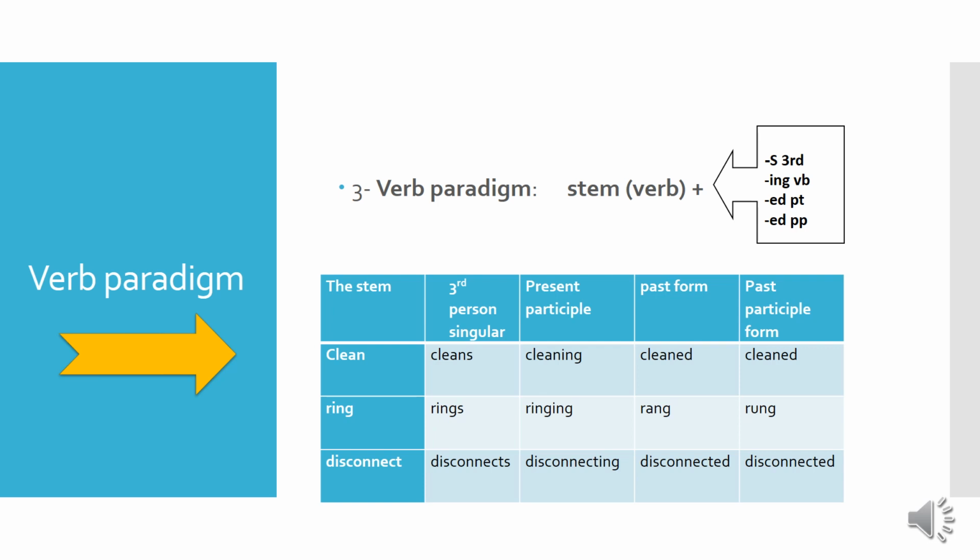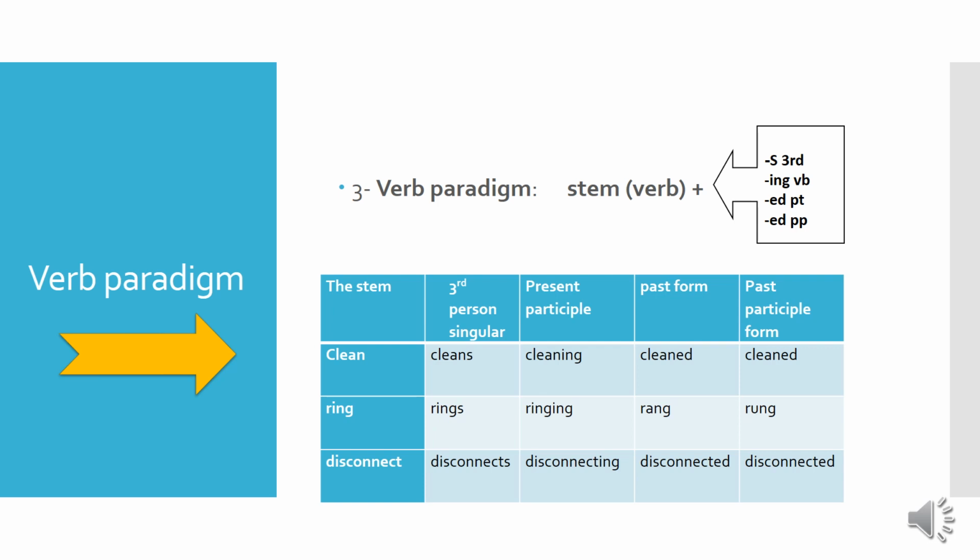We have an infix, rung. Rung in the past participle form. Again, we have an infix. Here is an infix, not a suffix. So, the verb paradigm of the verb ring includes ring, rings, ringing, rung, and rung.